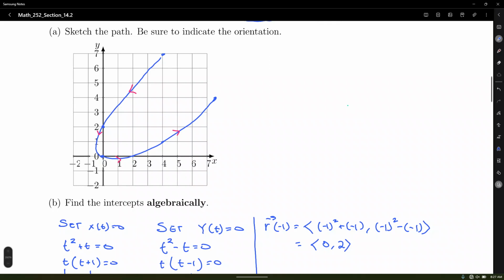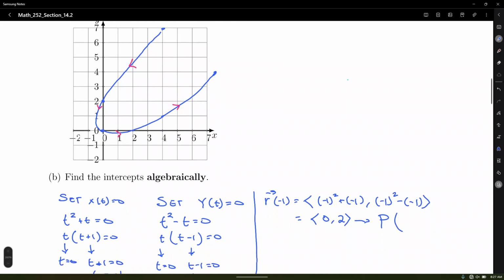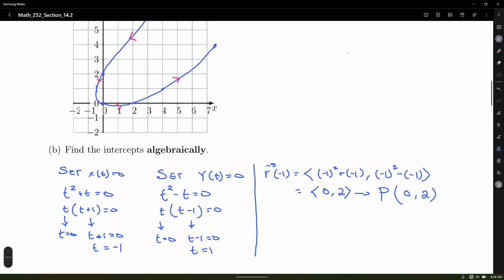But recall that we can simply turn a vector into an ordered pair, because the points on the parametric curve, on the vector valued function, are the terminal points of vectors in standard position. All right, so (0, 2). Isn't that one of the intercepts that we got visually? Let's get the other two.